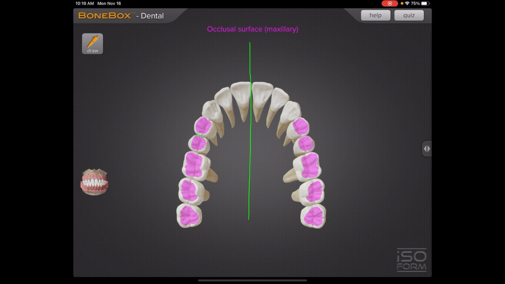If the proximal surface is distant from the midline, we call it the distal. Again, from the midline, if the surface is towards the midline, we call it the mesial. If it is distant from the midline, we call it the distal.